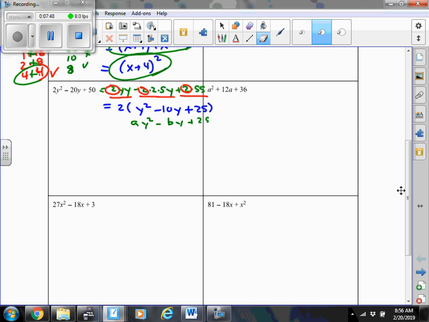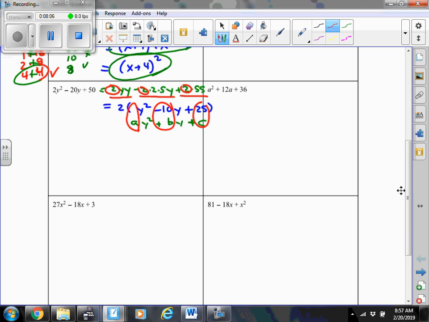That gives me an A, which is 1. It's not written, but it's a 1. That gives me a B of negative 10. And then C, which is 25.